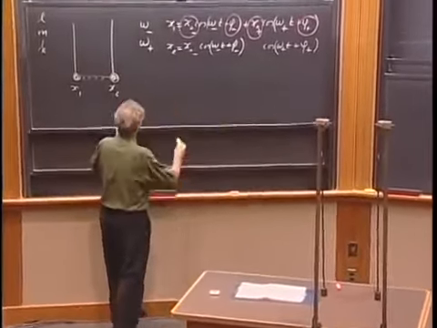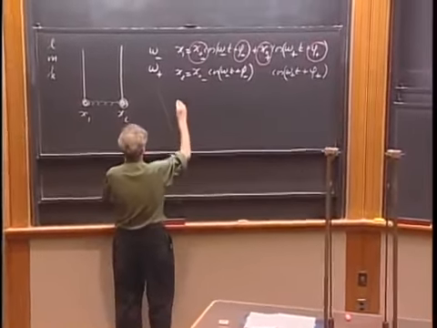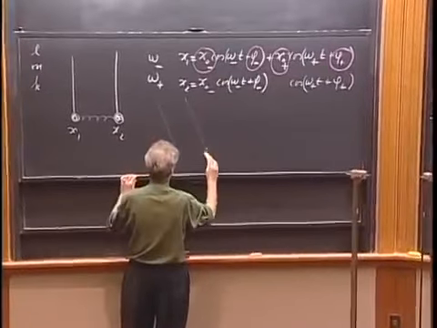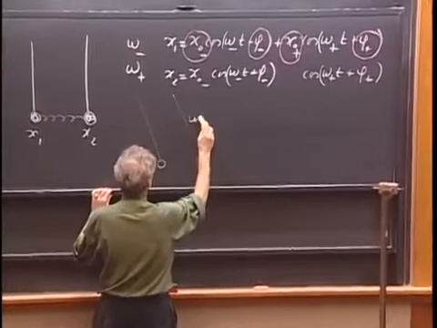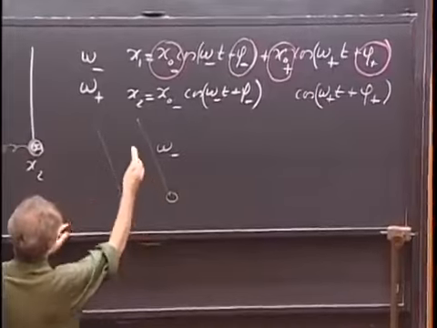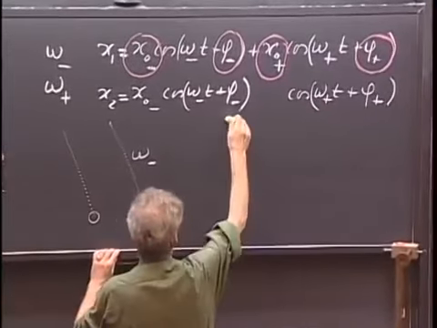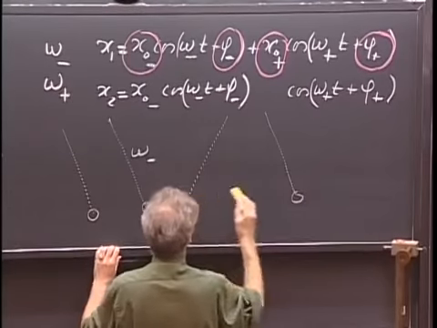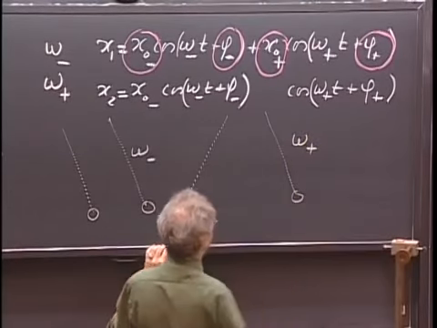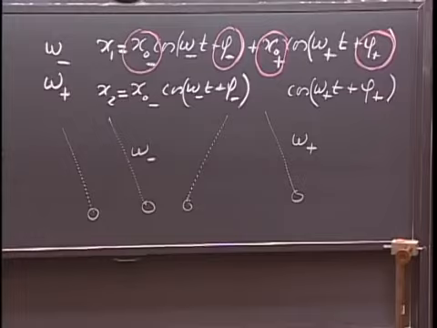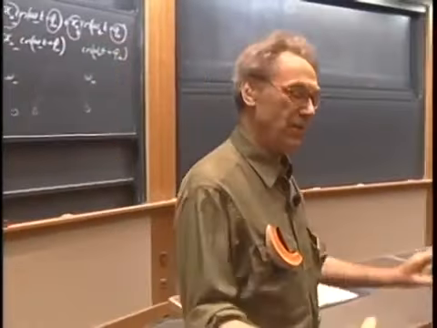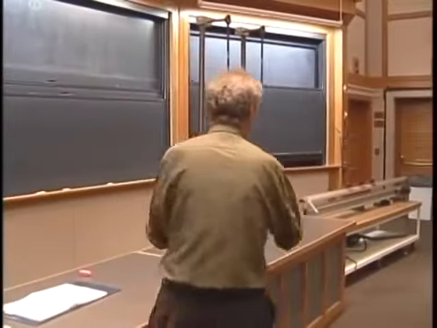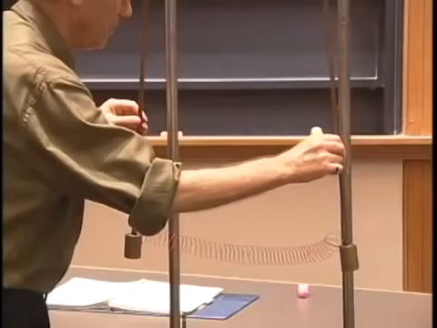So let me make here a drawing of the omega minus, and then the amplitudes are the same, and here I make a drawing of the omega plus, higher frequency, and the amplitudes are now the same, but 180 degrees out of phase. So it's easy to excite that.